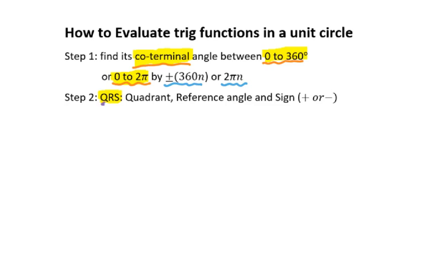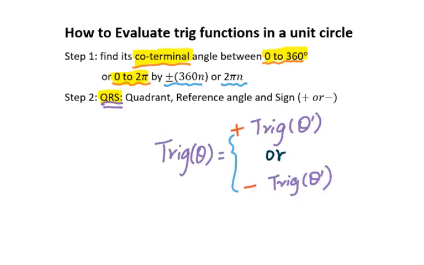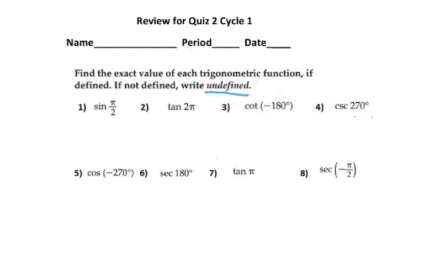Step 2: QRS, quadrant, reference angle, and sign. Because trig function of any theta equals positive trig function of a reference angle or negative trig function of a reference angle. You have to use quadrant to decide if it's positive or negative.